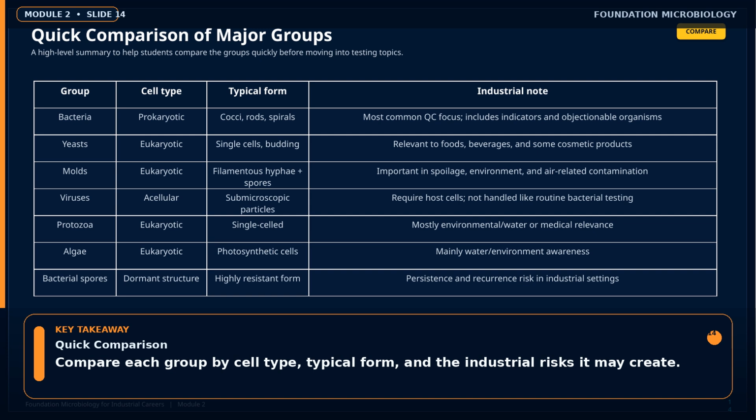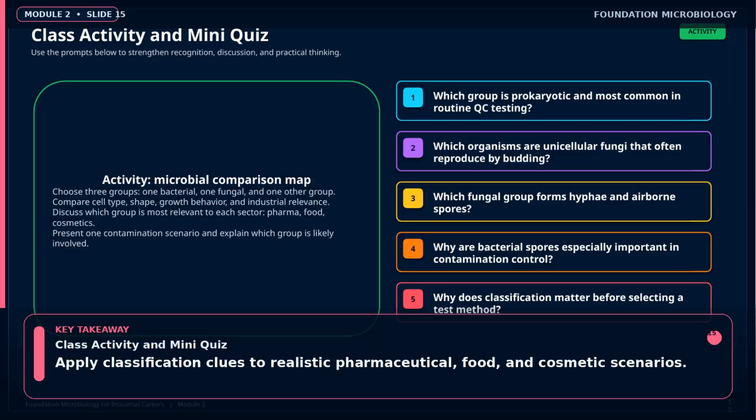This comparison table provides a quick way to distinguish the major groups by cell type, typical form, and industrial relevance. It reinforces that bacteria, fungi, viruses, protozoa, algae, and bacterial spores must not be approached with a single testing or control strategy. The class activity encourages you to compare one bacterial group, one fungal group, and one additional microbial group.